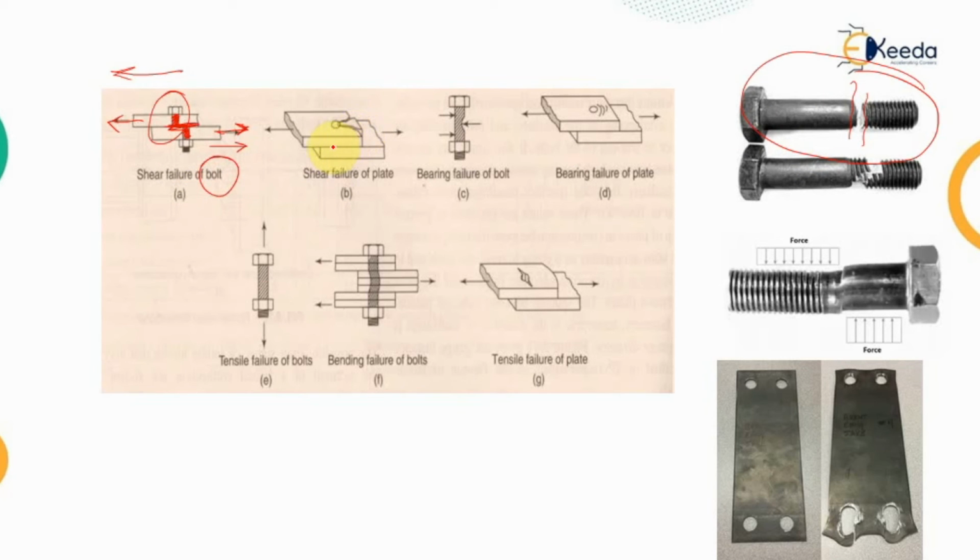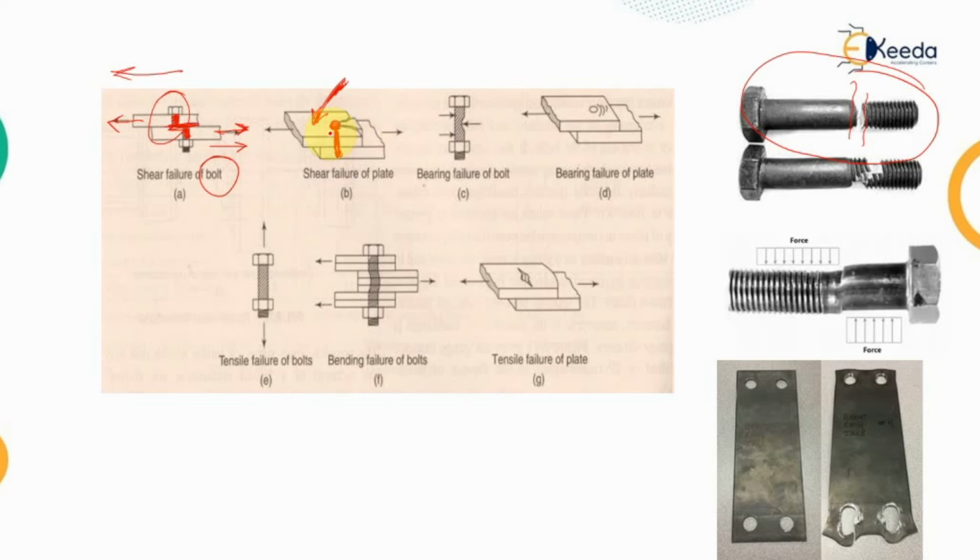Now let's say the bolt has sufficient capacity, but the capacity of the plate has been reached. That means the limit of the plate capacity has been reached. In that case, the failure of the plate will take place. That means the plate will tear apart, and the bolt will not be removed from its position.